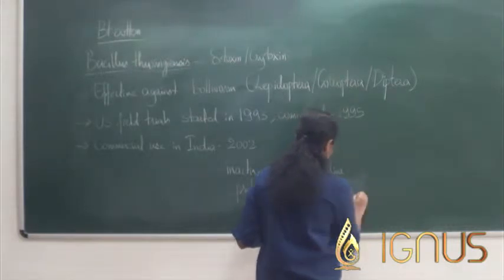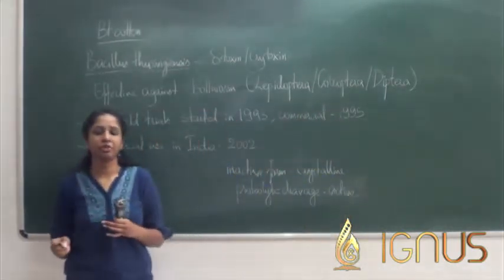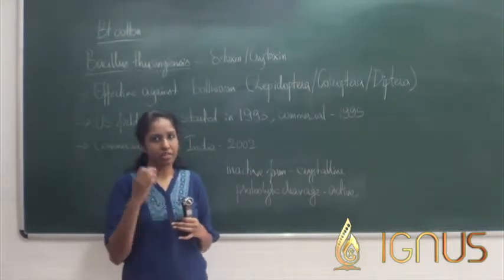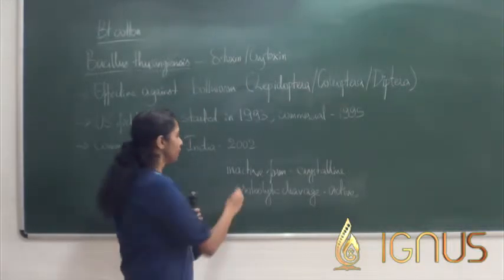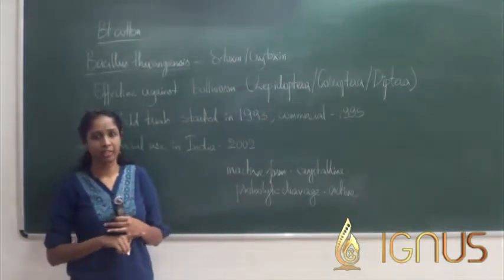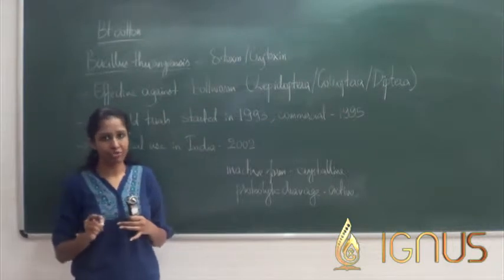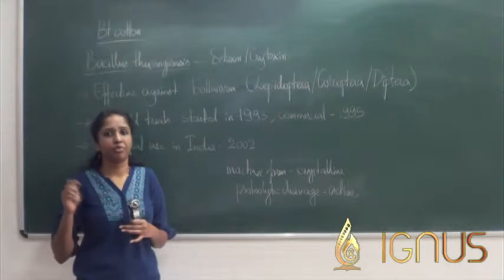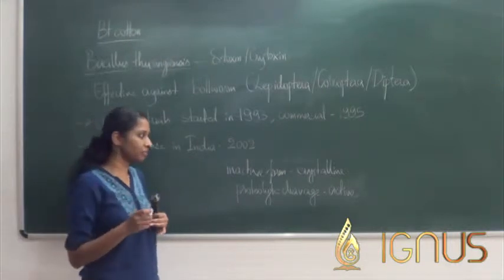Whenever the delta toxin is active, it is going to attach itself to the epithelial cells in the gut of the larvae. So the bacteria synthesizes the toxin in an inactive, crystalline form whenever the bacteria is going for spore formation.